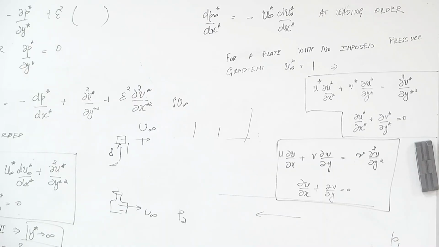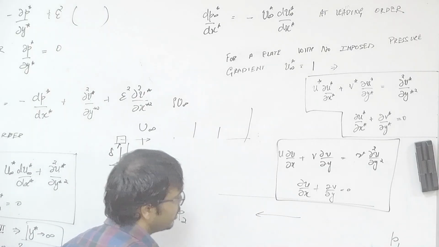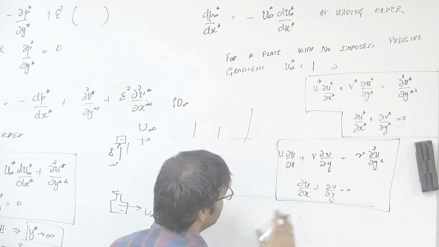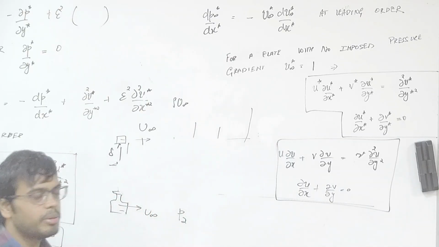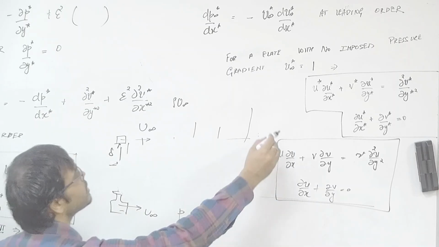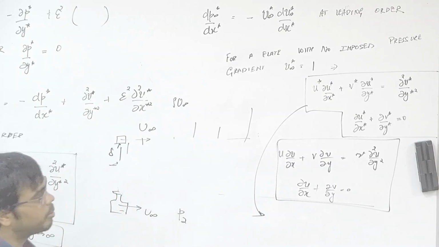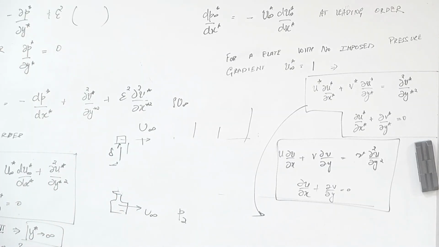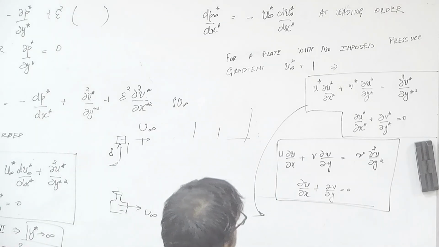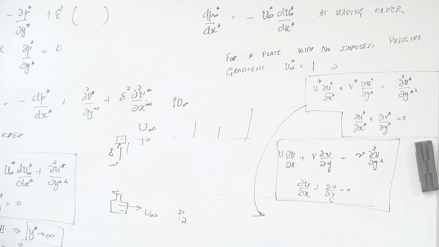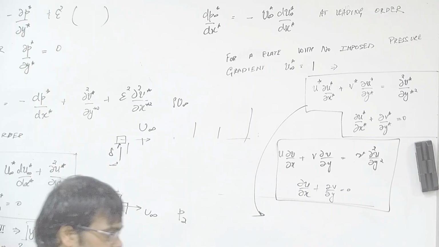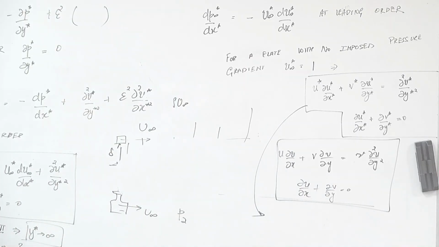What are the boundary conditions that we need? How many boundary conditions do we need? So now we have two equations and two variables, u and v. How many boundary conditions do we need? Let's look at this equation only. How many boundary conditions do we need in y?